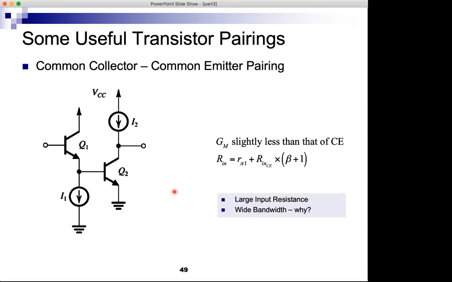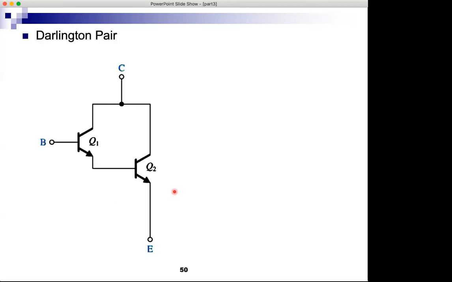Okay, the next configuration we will discuss is what's called the Darlington pair, and this is like two emitter followers. We can consider these two as two emitter followers, or in many cases they're considered as one big BJT with an effective beta, which is the product beta 1 times beta 2.